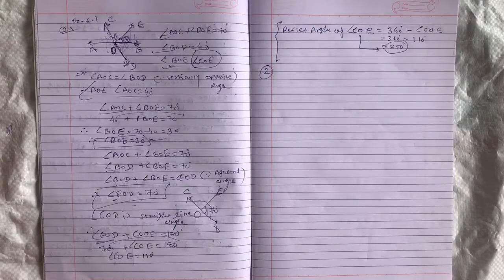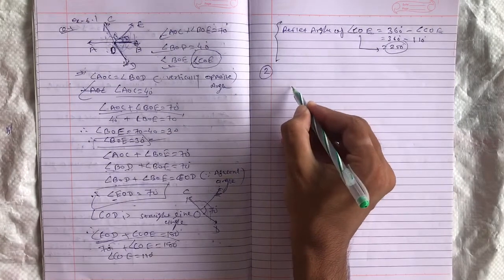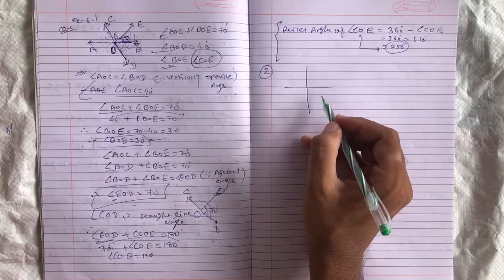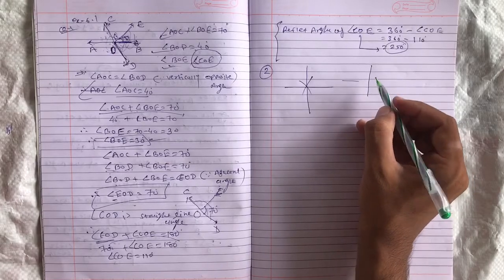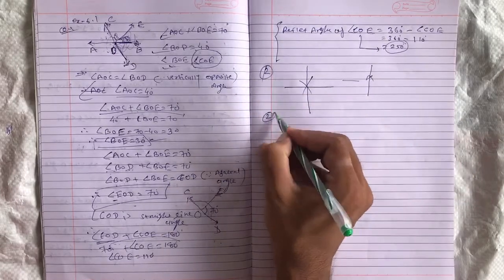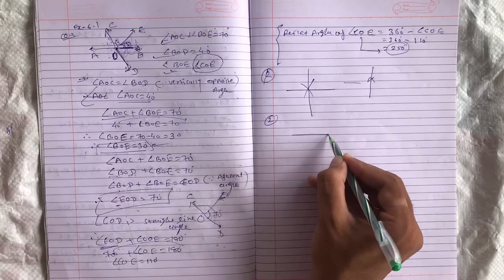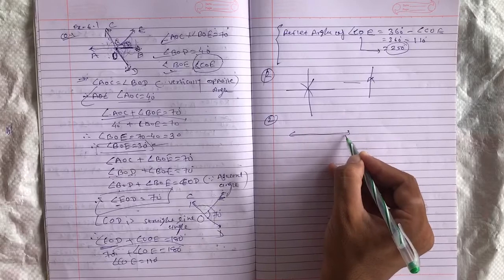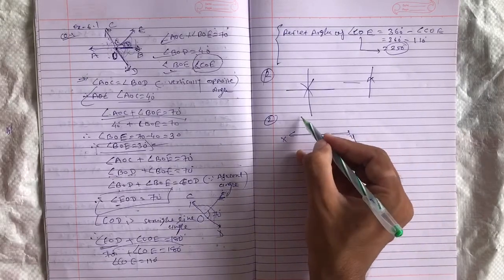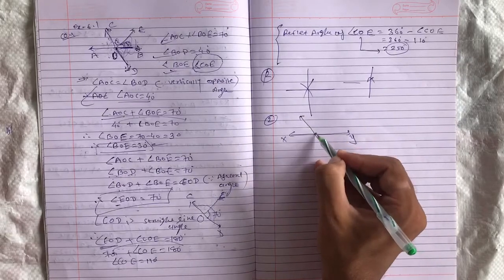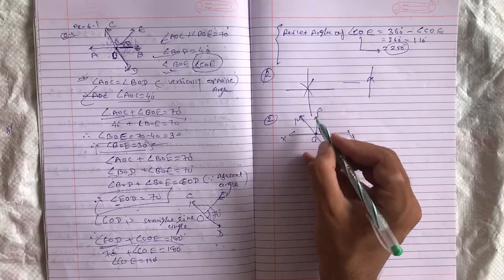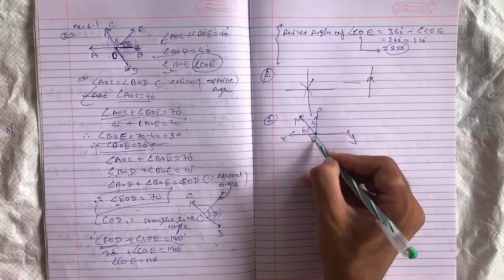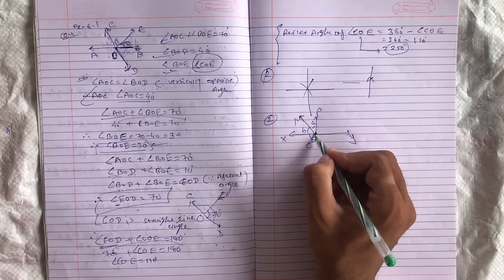Now question number 2. In question number 2, a figure is given. First, a line is given, so the line is X and Y. Next, another line passes through and intersects at point O, and this line is M and N, and here 90 degrees is created, which is denoted by P. This part is A, this is B, and this part is C, and O is here in the middle.